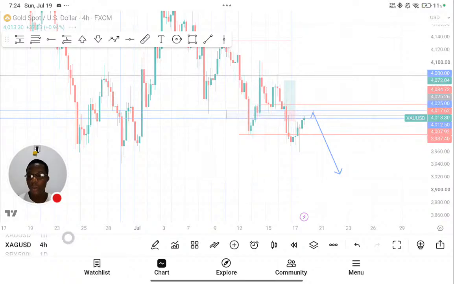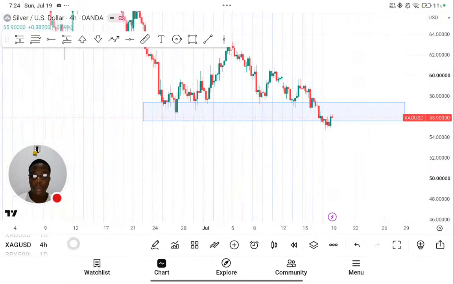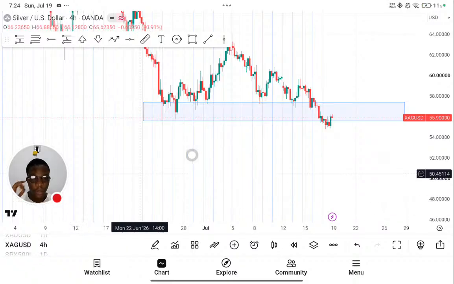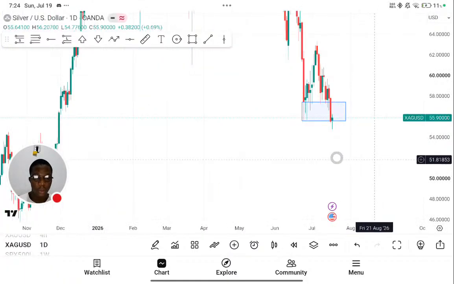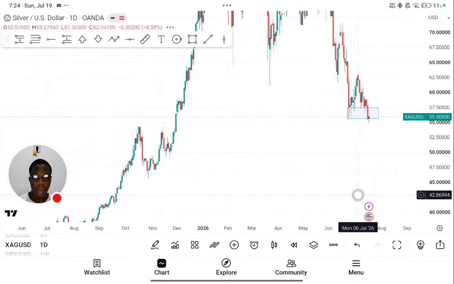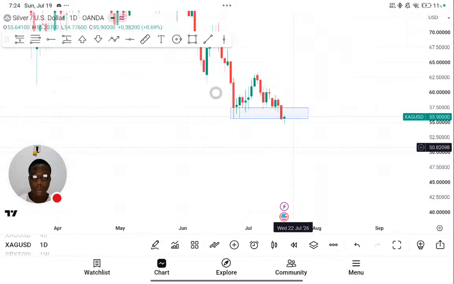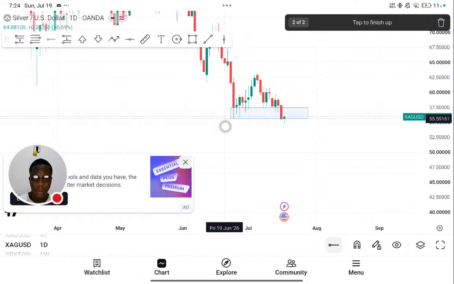That was still gold, but another broker. But then silver moves in similar fashion. Silver has even confirmed. So we are bearish on gold though. I just saw silver and it gave me clarity again. That low has been broken. This low has been taken out.